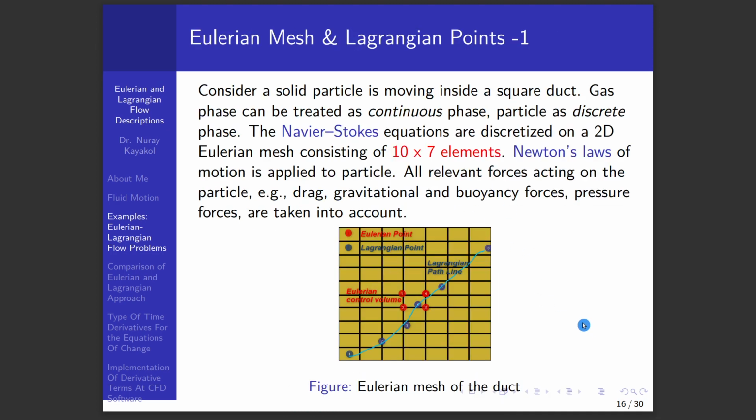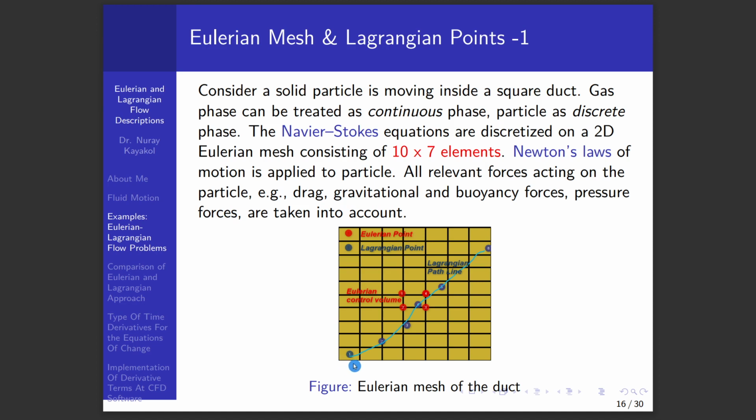The third one, suppose that we have a square duct and a particle is ejected. So let's talk about this graph. In this picture, you see 10 times 7 elements or grids.